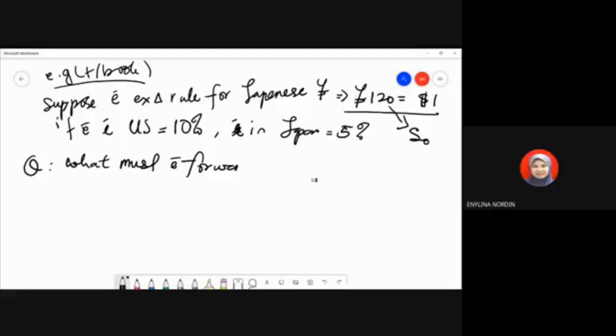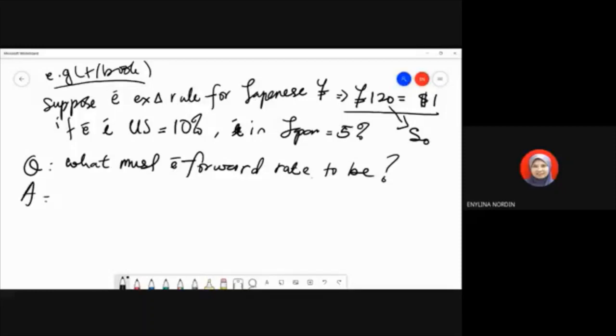Okay. So what must the forward rate be? Using IRPT. So how are we going to do that? Go back to the formula.